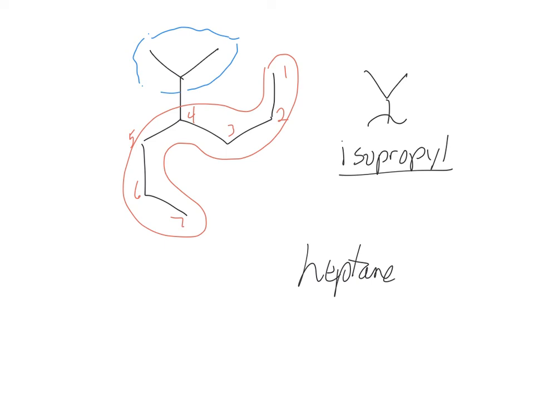We would name it 4-isopropylheptane. So you need to know what an isopropyl group is. You could name it without using isopropyl, but then you'd have to use parentheses and things get a little weird. So you should know what isopropyl is. You'll see it a lot.